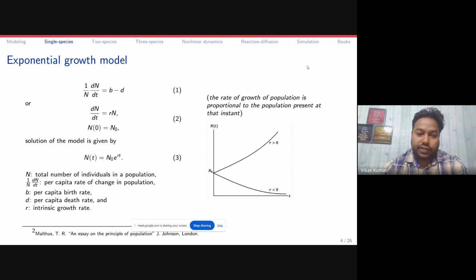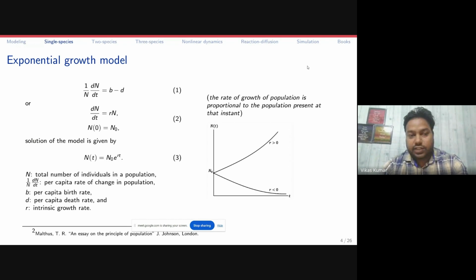If we plot it with some N naught, as shown in the diagram on the right side, N naught is the initial population, and it will increase exponentially if r is positive and decrease exponentially when r is negative. So in both scenarios the population will increase or decrease exponentially.